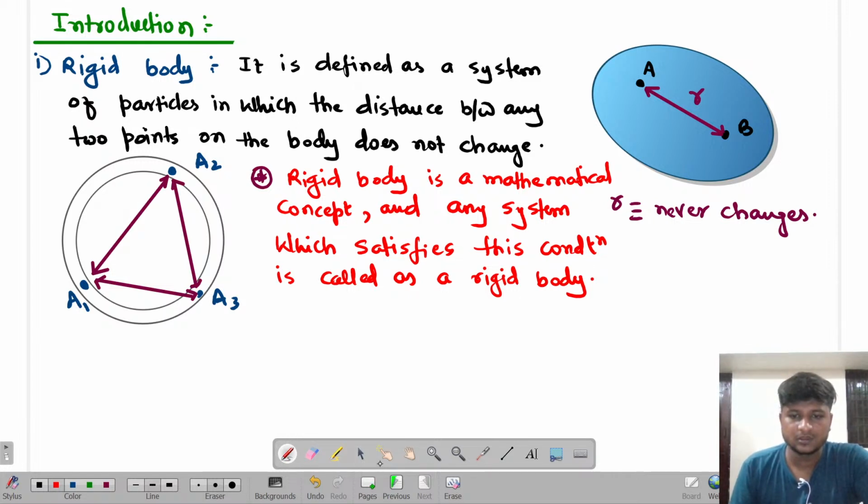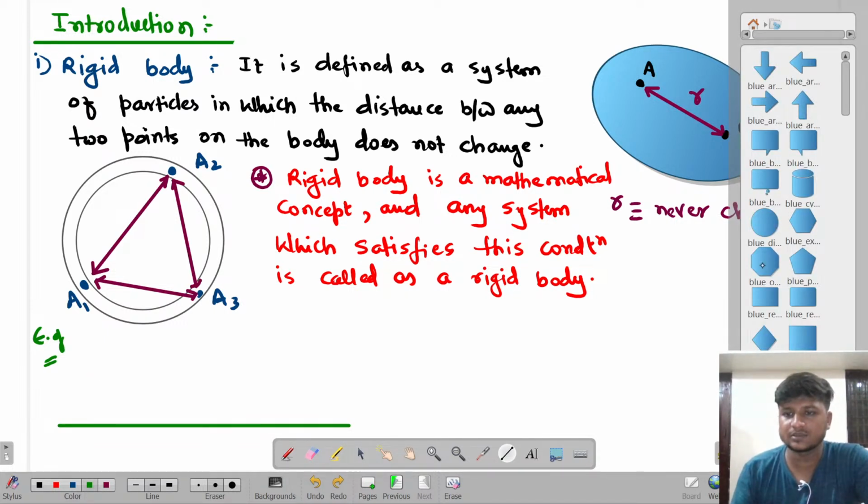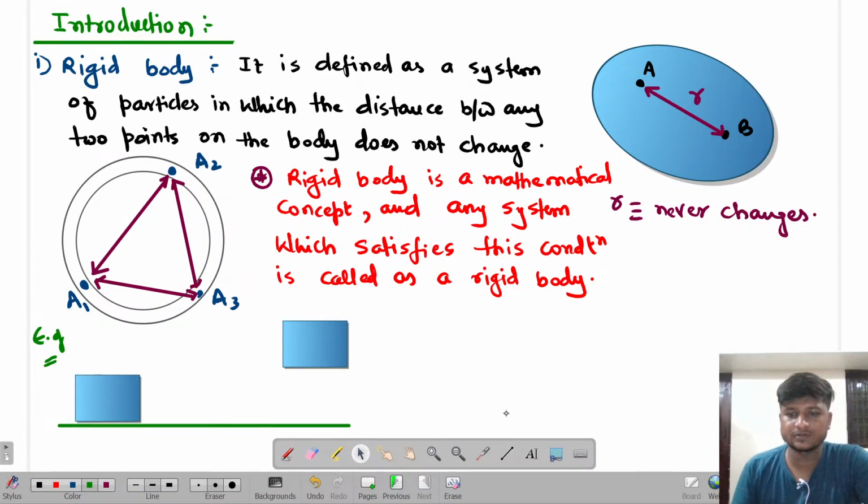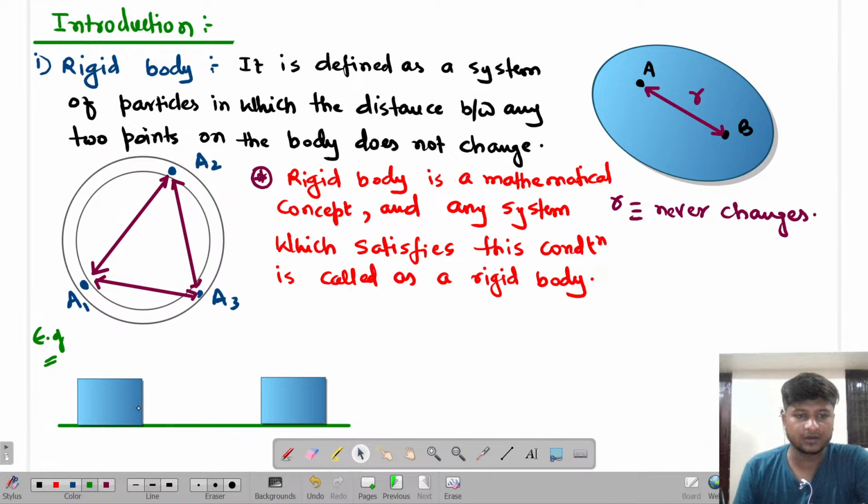Is that clear? So we'll take one more example. Let's suppose there is a ground, and on that ground I place two blocks, and between these two blocks I attached one spring. Are you able to get me or not?